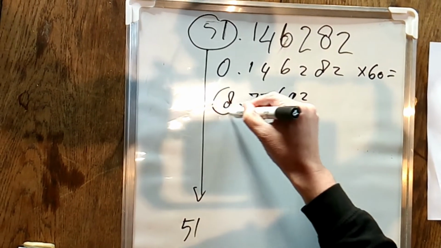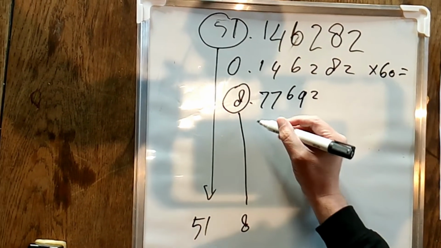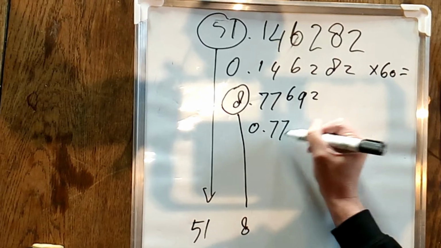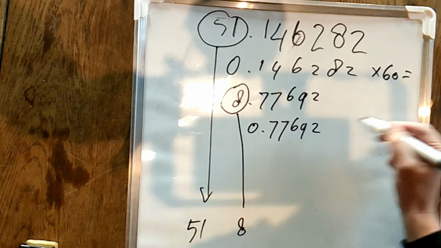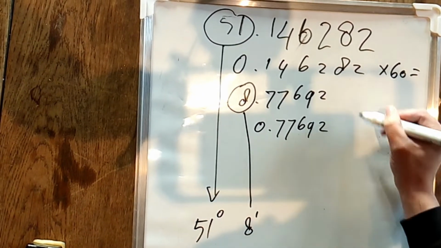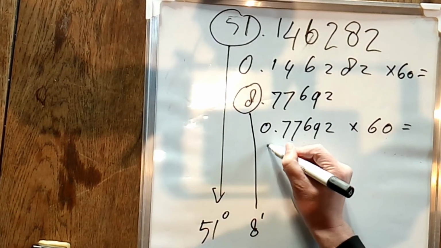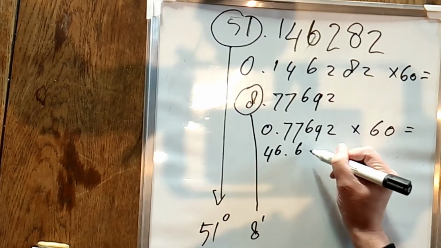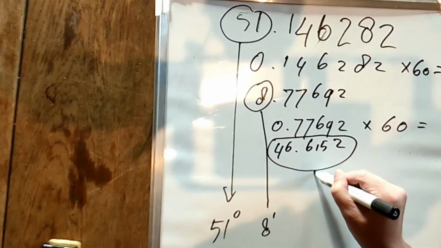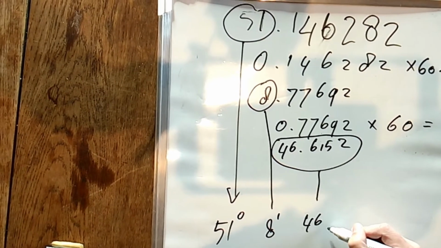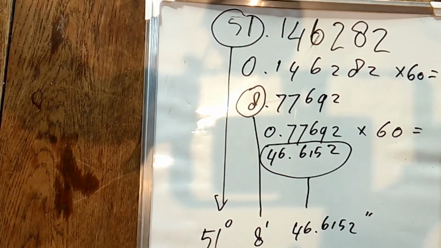Then we can move this number 8 down here. Then we have left 0.77692. The 8 is the minutes. And then we can again multiply that by 60, and that will give us 46.6152. We can move this complete number down, and we put it here for 46.6152 seconds. That's how you do it.